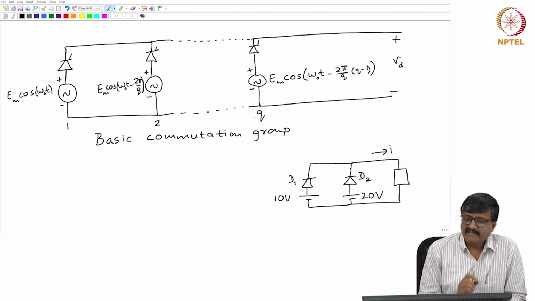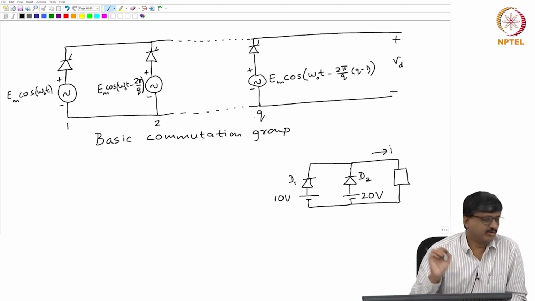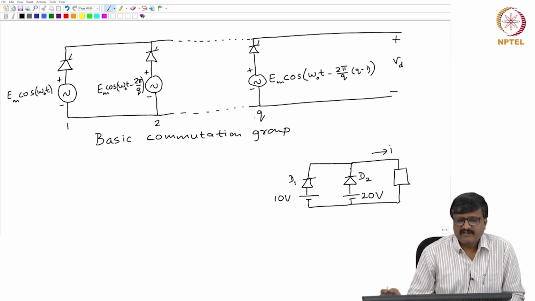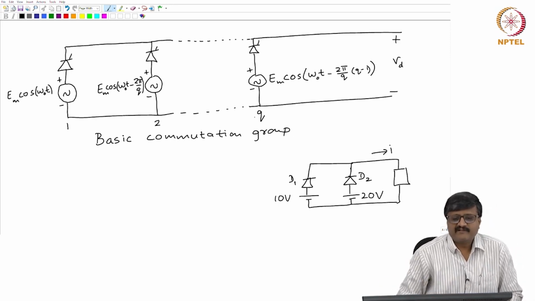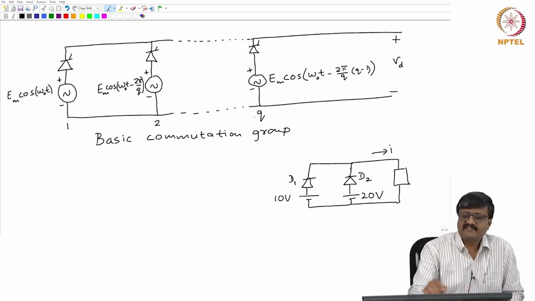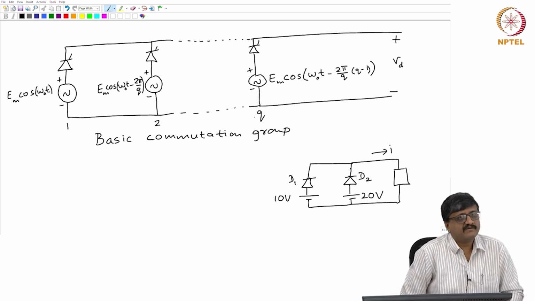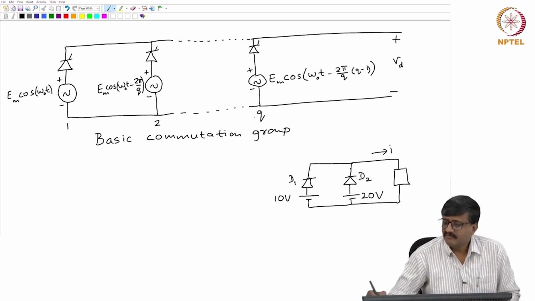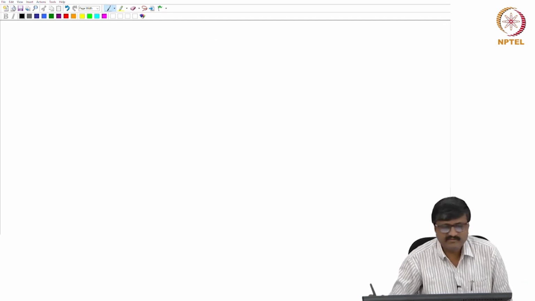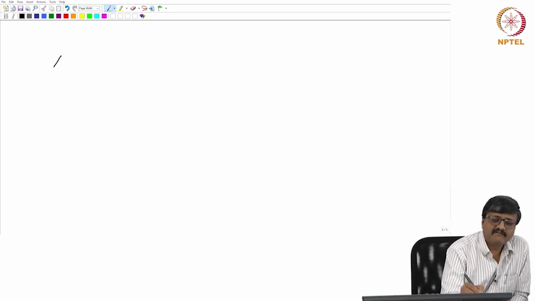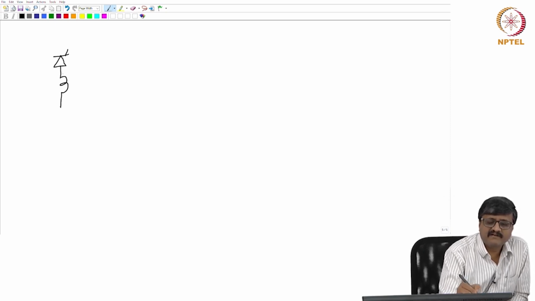Now in practice, how do we get these voltage sources? Though for simplifying the explanation I have shown voltage sources, in practice we get voltage sources as induced EMFs across the transformer windings. So, the practical circuit is something like this. I have a thyristor connected in series with a transformer winding.